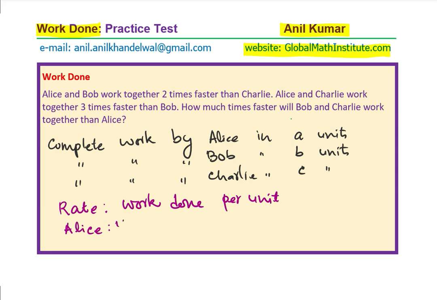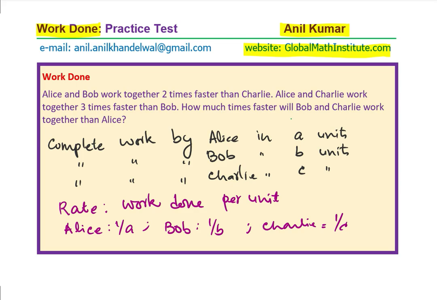For Alice it will be 1 over A. For Bob it will be 1 over B. And for Charlie it will be 1 over C, correct? So let us say Alice takes 10 hours to complete the work. Then in 1 hour, 1/10 of the work will be done. That is what we mean, correct?